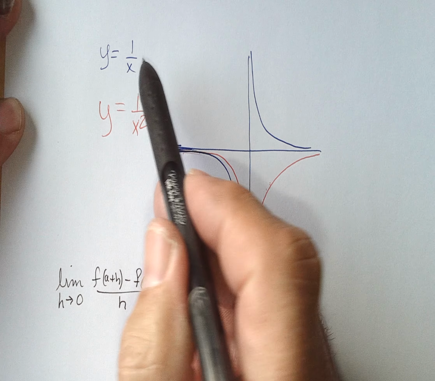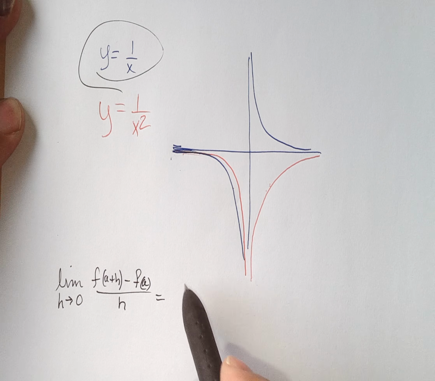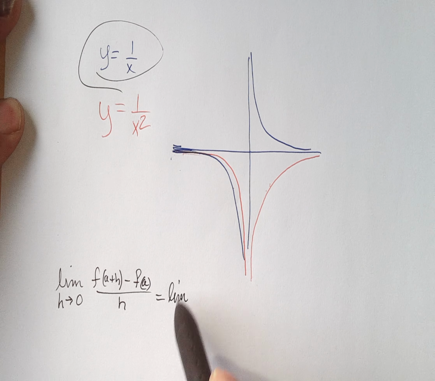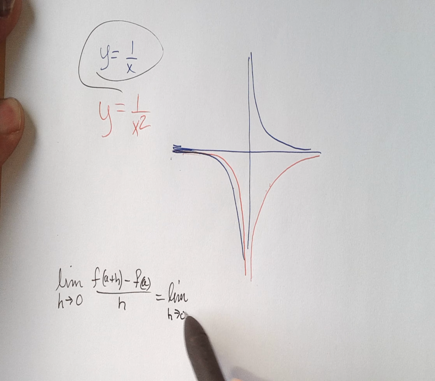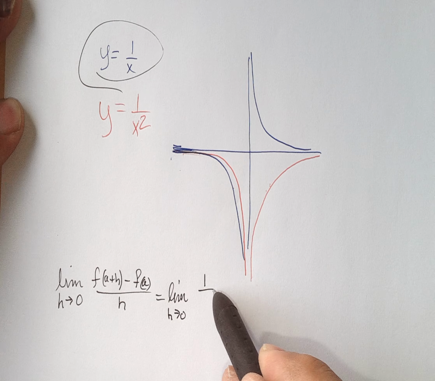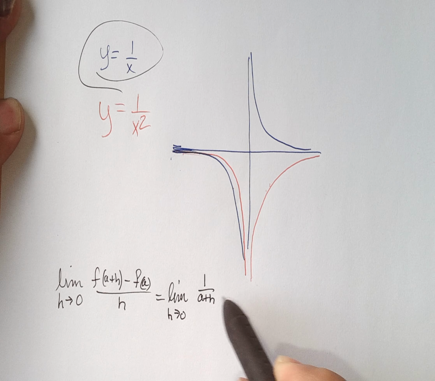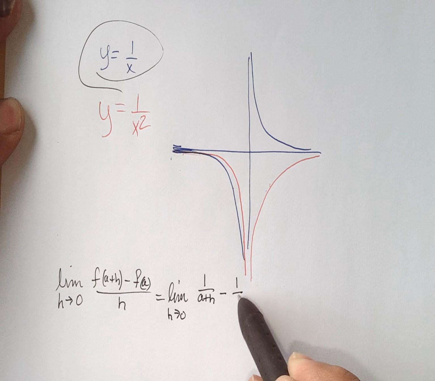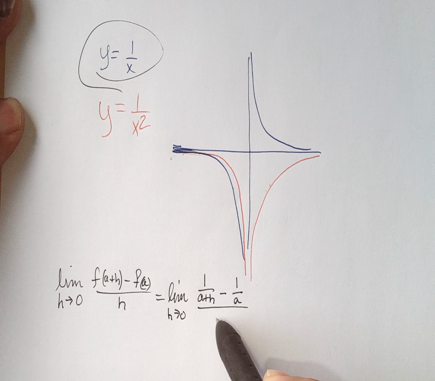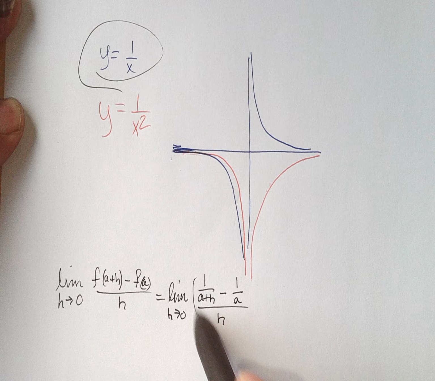So in this case, I'm doing this one right there, so it's going to be the limit as h goes to 0 of 1 over a plus h minus 1 over a, all over h.